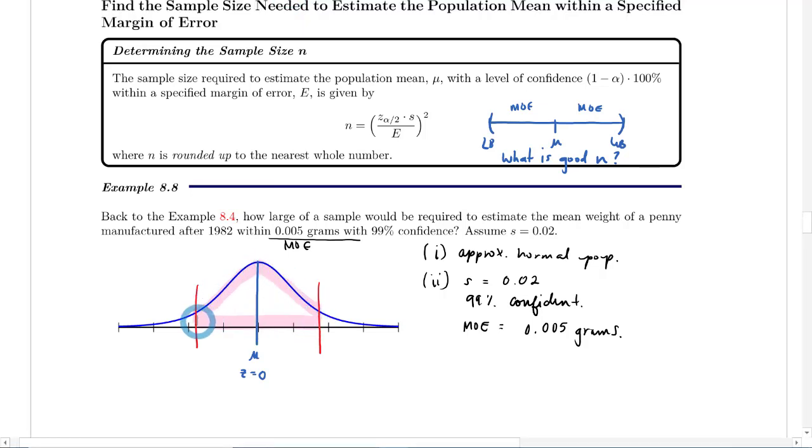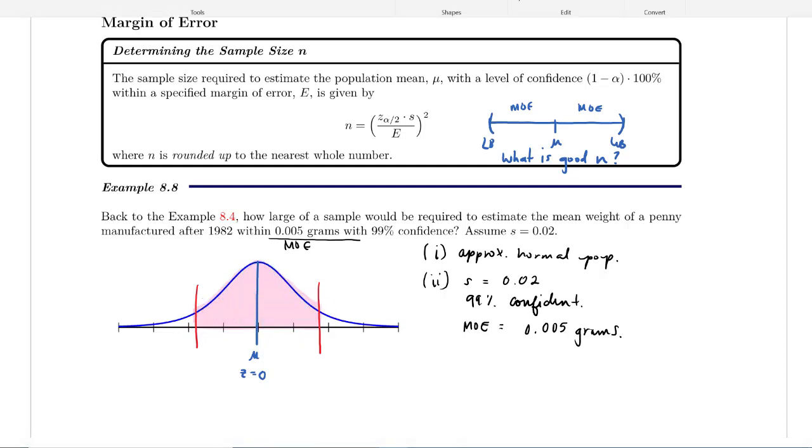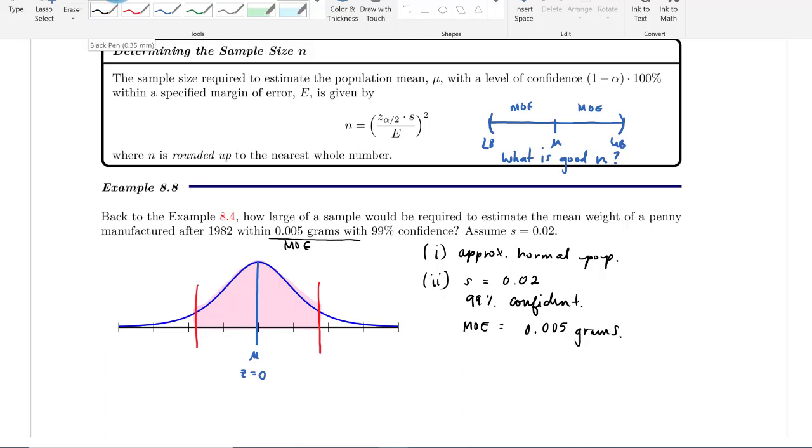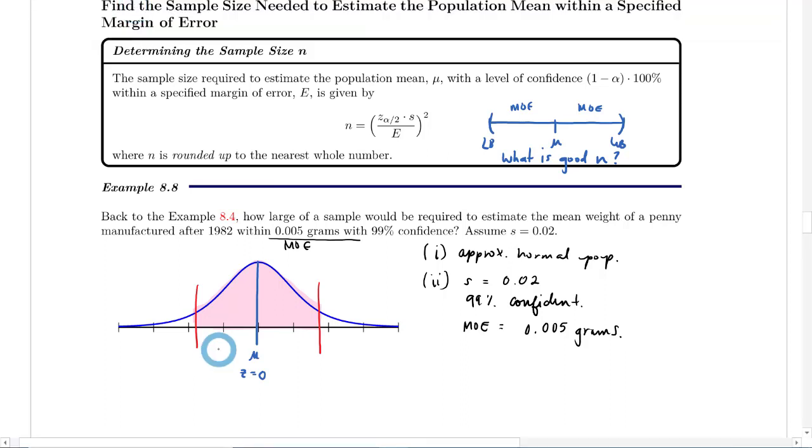It's just confidence. And, well, I had to get the red. So here, 99% confident. So we had this before, remember, because there's 1% left over, which means there is 0.5% in each tail.